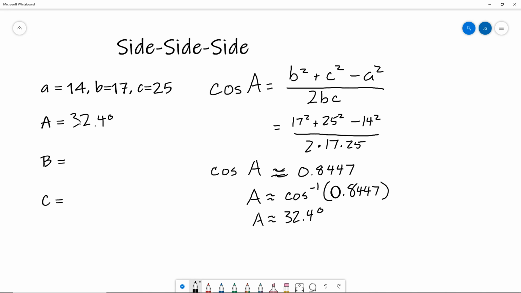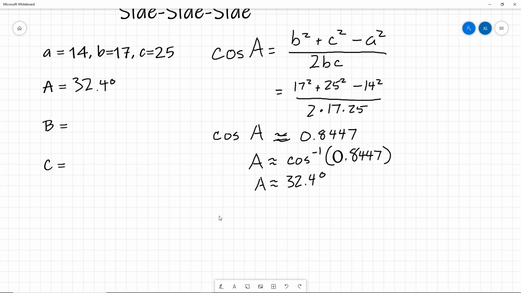And the nice thing about this is that this is not ambiguous anymore, because if I'm given the three sides, this is not an ambiguous triangle. So I can now just start calculating using the law of sines what B would be. But I'm going to go ahead and use the law of cosines one more time just so we're getting the practice in.